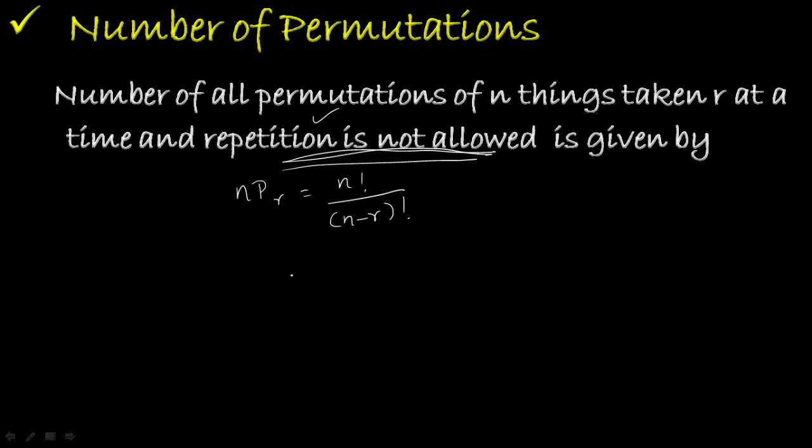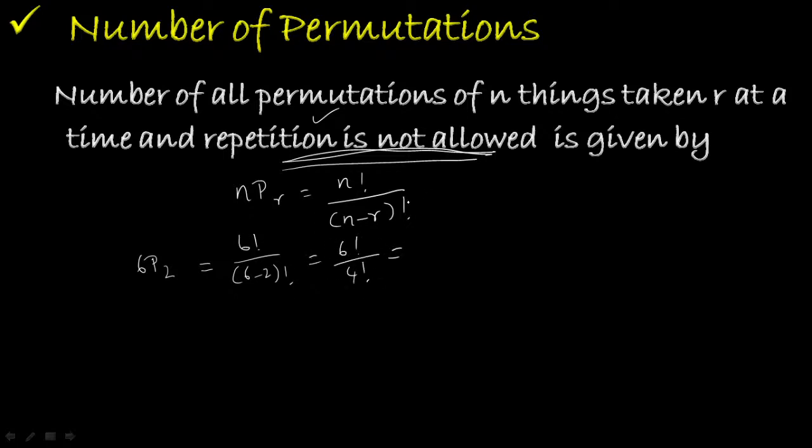Now you know how to find the value of n factorial and nPr. For example, how do we find the value of 6P2? Out of 6 objects, you are going to choose only 2 at a time. The number of possibilities is 6 factorial over (6 minus 2) factorial, that is 6 factorial over 4 factorial.